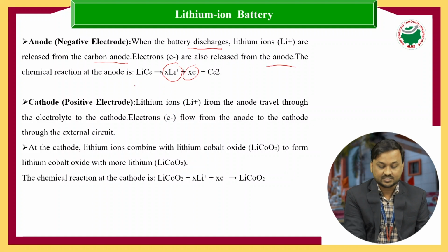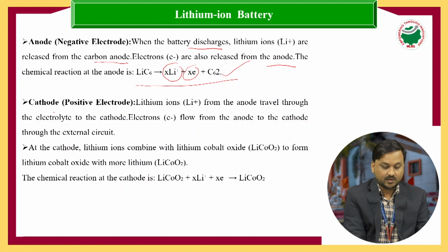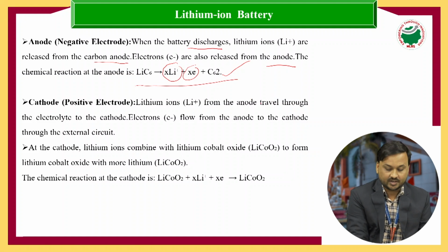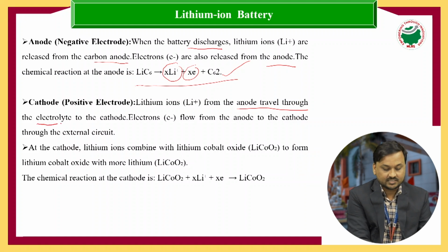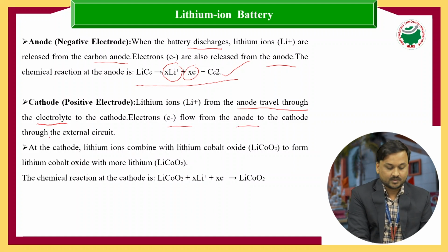At the positive electrode, the cathode side, the lithium ions travel through the electrolyte, and the electrons flow from anode to cathode through the external circuit.